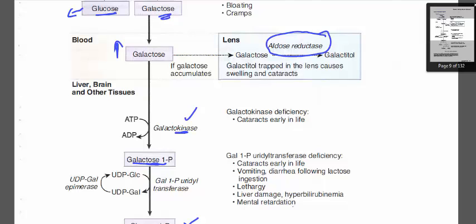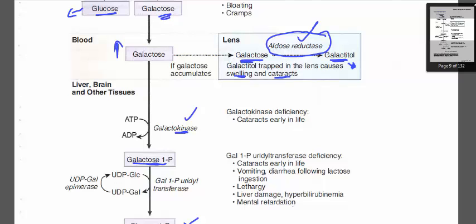And if there is high level of galactose in the blood, this galactose enters into the lens, and inside the lens there is an enzyme which is called aldose reductase, and that aldose reductase reduces this galactose to galactitol, and this galactitol exerts osmotic pressure, and because of that osmotic pressure there is swelling and cataracts in the patient who has this galactosemia.